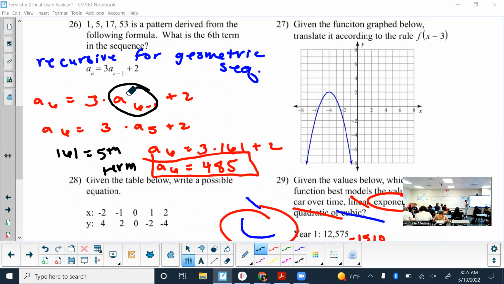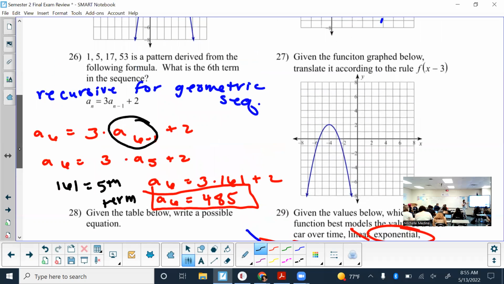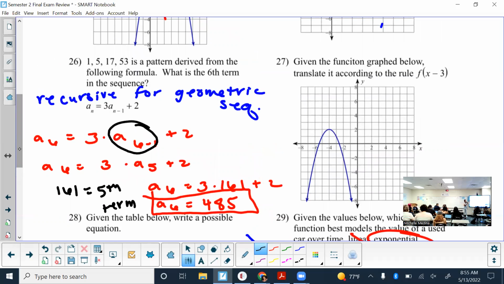If you look at the pattern, is it consistently adding? Is it consistently multiplying, or can you not really tell? I know that it's not consistently adding because when I go from 1 to 5, what's the difference there?